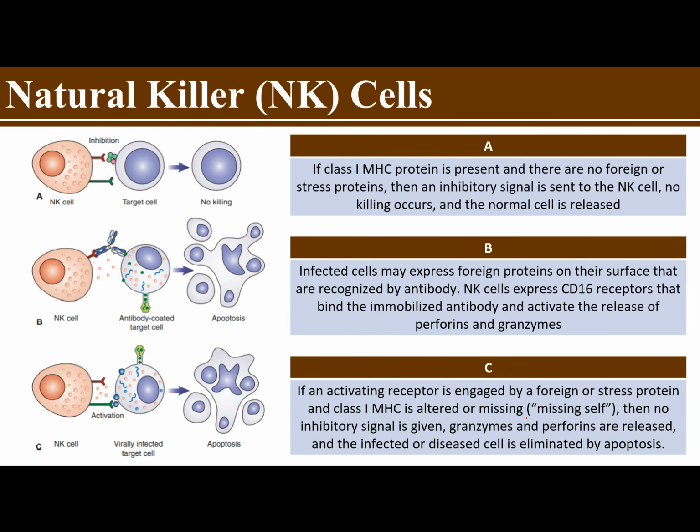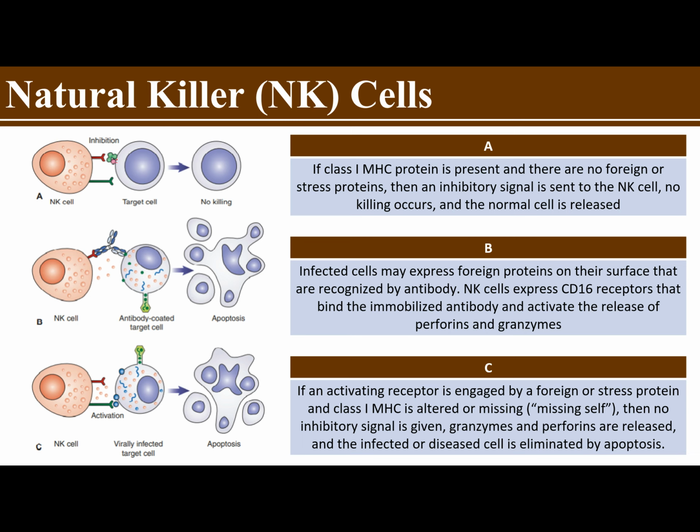This is the three processes wherein your NK cell would kill a tumor cell. So, in the first picture, the letter A, if class 1 MHC protein is present and there are no foreign or stress proteins, then an inhibitory signal is sent to the NK cell. So, this is your NK cell class.